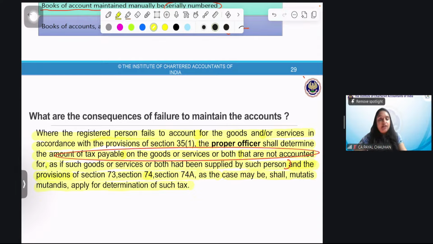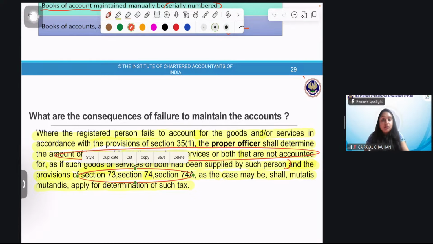Sections 73, 74 and 74A will be dealt with at the final level. But still, for your reference, these are penalty sections. If you are fined because you are in some kind of failure to maintain books of account, then sections 73, 74 and 74A will be applicable.